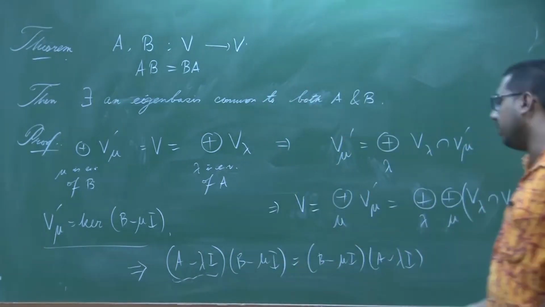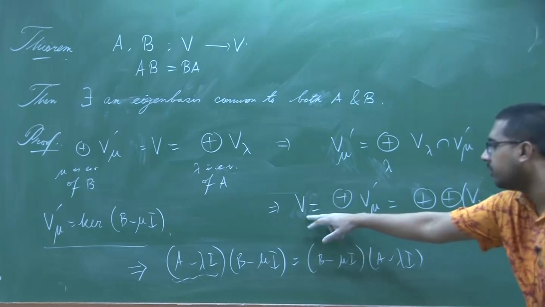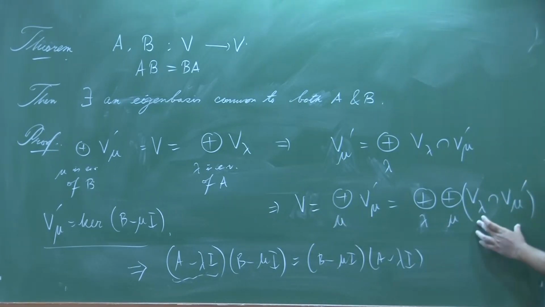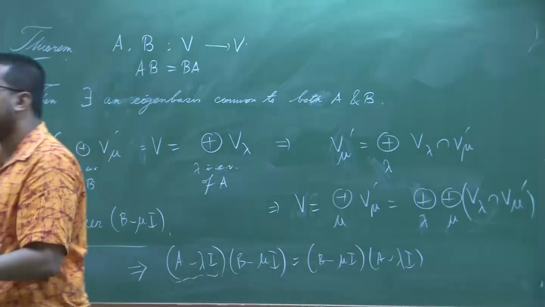Now, you know what to do: you choose a basis of each of these pieces and their union will be a basis of V. Any basis of, let us say, V_lambda intersection V_mu, the vectors in that basis are eigenvectors of A with eigenvalue lambda, and as well the eigenvectors of the operator B with respect to the eigenvalue mu.